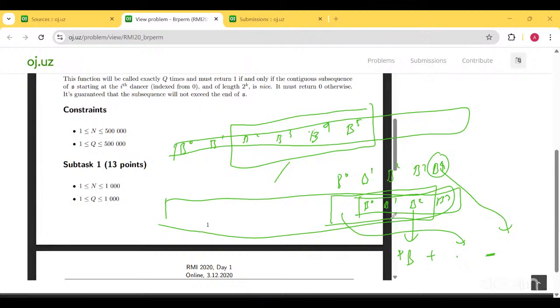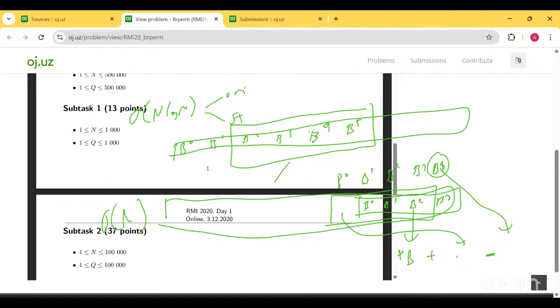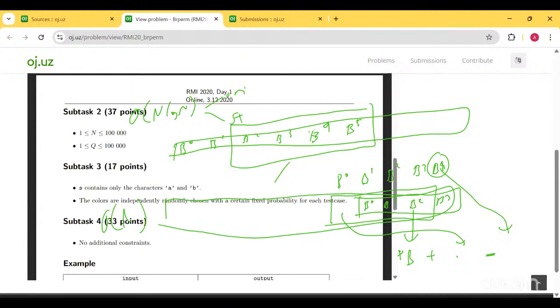Is it understood? So for each level, it is O(n), and there are log n levels. So the complexity is n log n to find the ORI as well as to find the first table for the final reorder. All right, so that is the full solution.